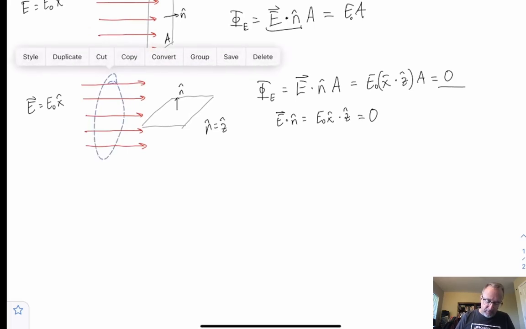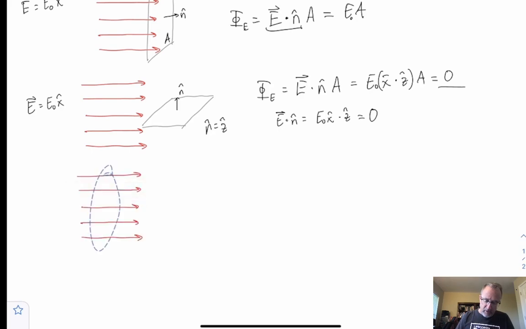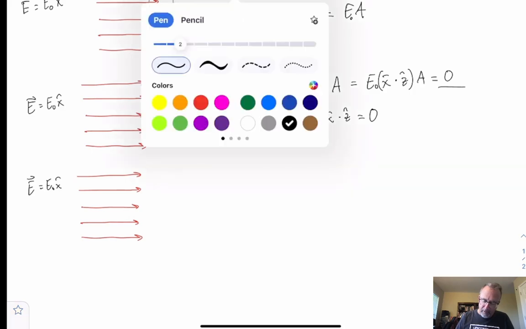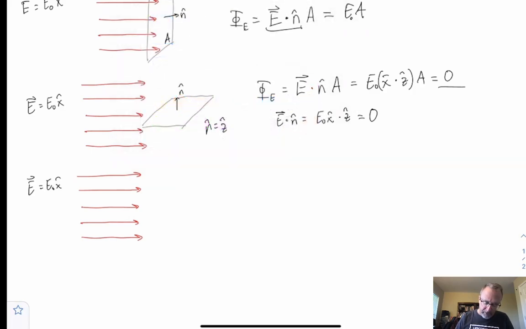Let's do this case, where I have this E field, same as before, E equals E0 x hat. But now I'm going to place the surface so that, this is going to be kind of hard to draw, let me see if I can do that.